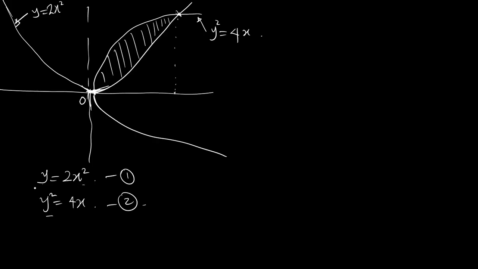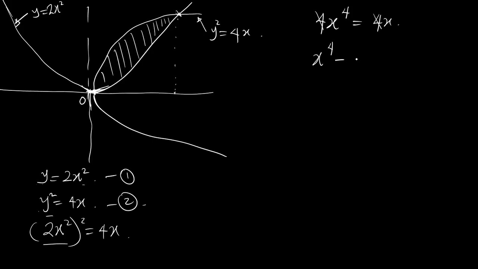Now you have 2x squared all squared equal to 4x. If you square what is inside the bracket, you have 4x to the power 4 equal to 4x. So the 4 will cancel itself. Now you have x to the power 4 minus x equal to 0.